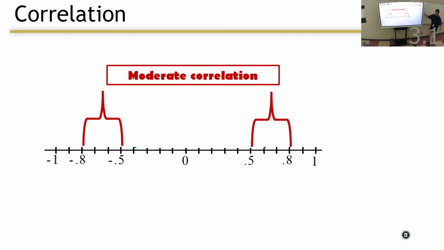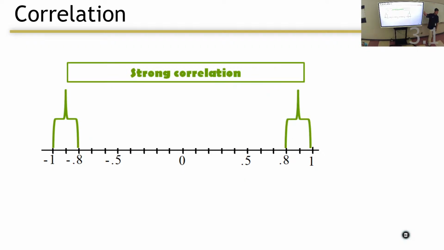And between 0.8 and 1, we'll call that pretty strong. The only time we take off is if you don't say anything about the strength at all. Very few times does somebody mention the strength and it be the wrong strength.